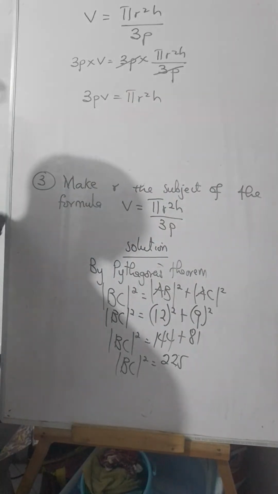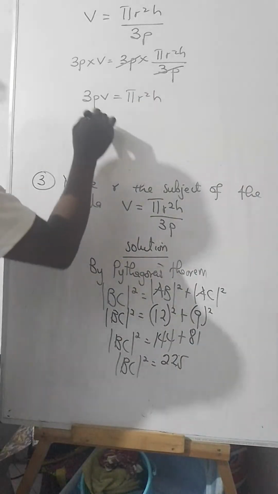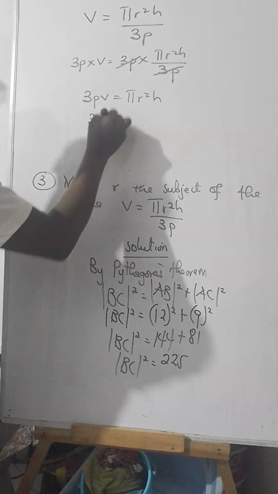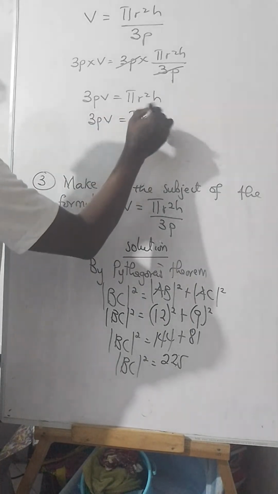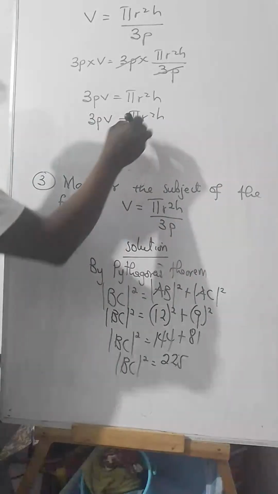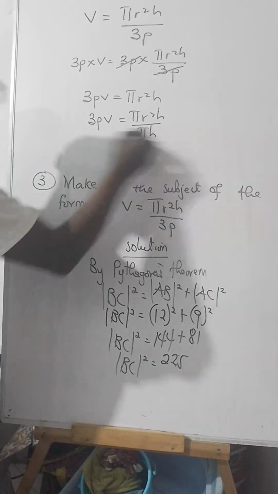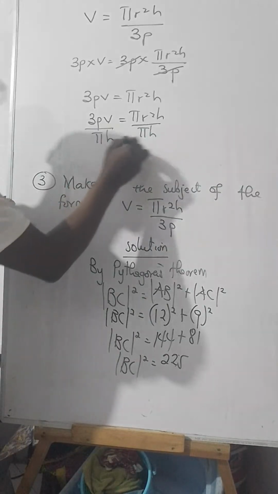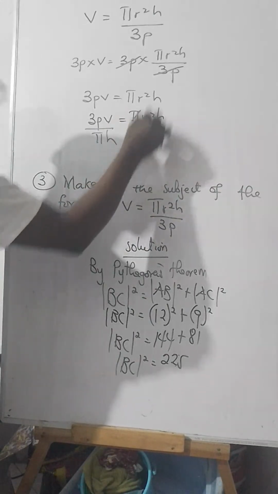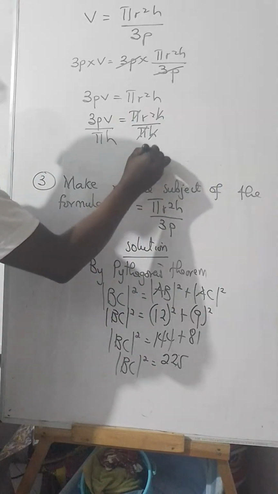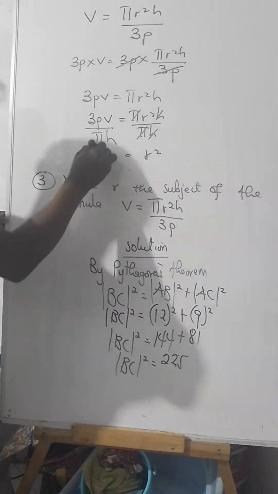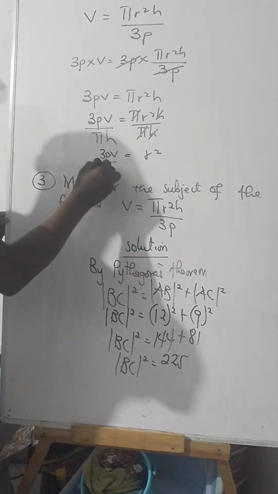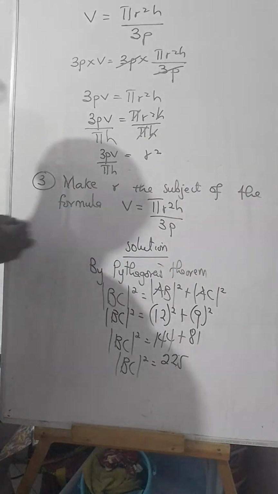Remember, you are making r the subject. So from here, you have 3pV, divide both sides by pi h. So that this cancels this, h cancels h. We are left with r squared, then 3pV on pi h.